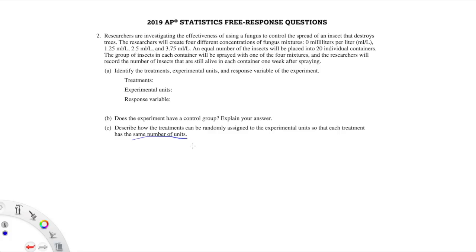So one way to do it would be to include that you're going to label the containers, right? Because you can't assign it directly. So you have your 20 different containers, and you label each one of them 1 through 20, and then you use some sort of generator that says, all right, these 5 random numbers are going to be 0 milliliters per liter.